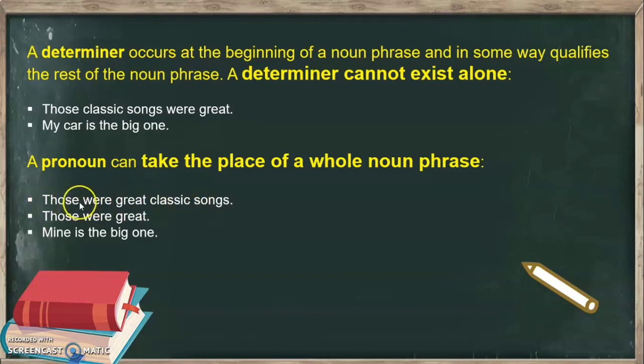No need for a noun immediately after the word those. We can just say those were great and we already know, and it is already a pronoun. Mine is the big one. So notice the difference. Determiner is my and pronoun is mine. Note that one.